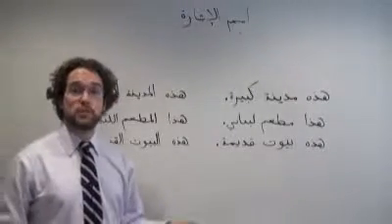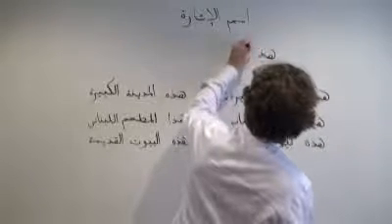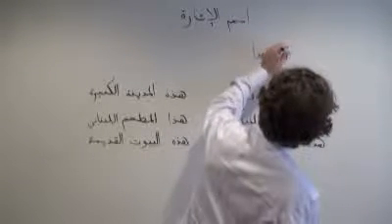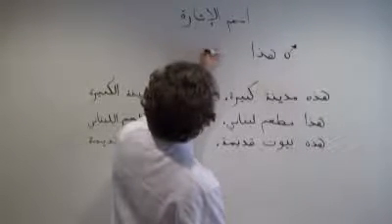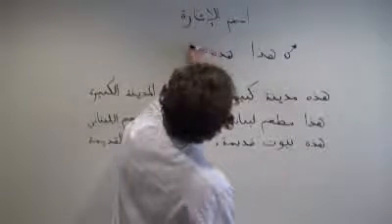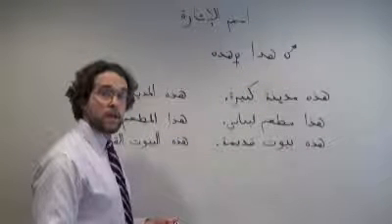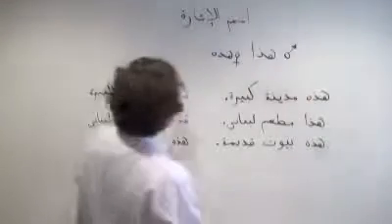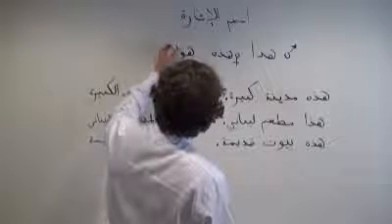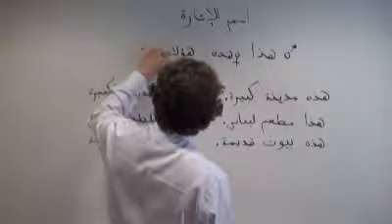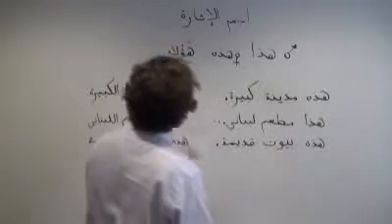If we're talking about something that's grammatically masculine, we're going to say, هذا. If we're talking about something grammatically feminine, we're going to say, هذه. And if we're talking about plurals, we're going to use هؤلاء.